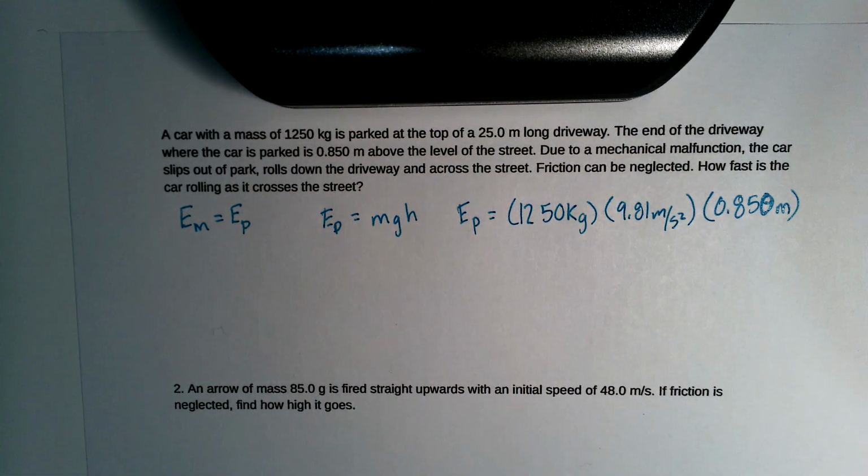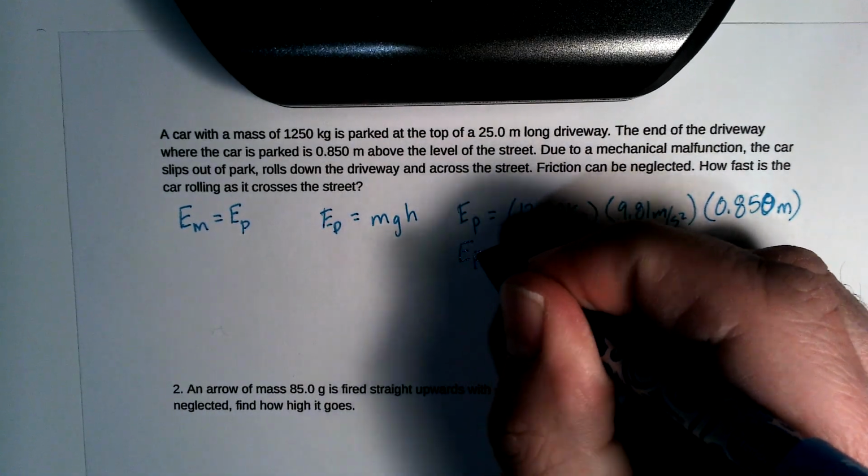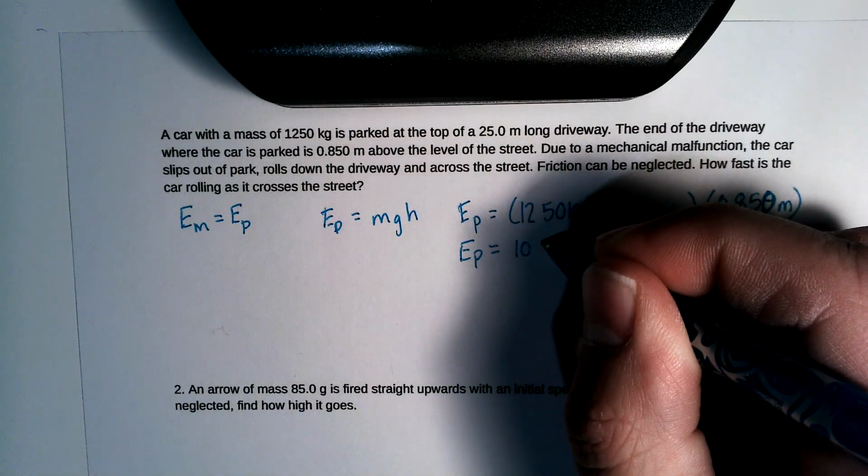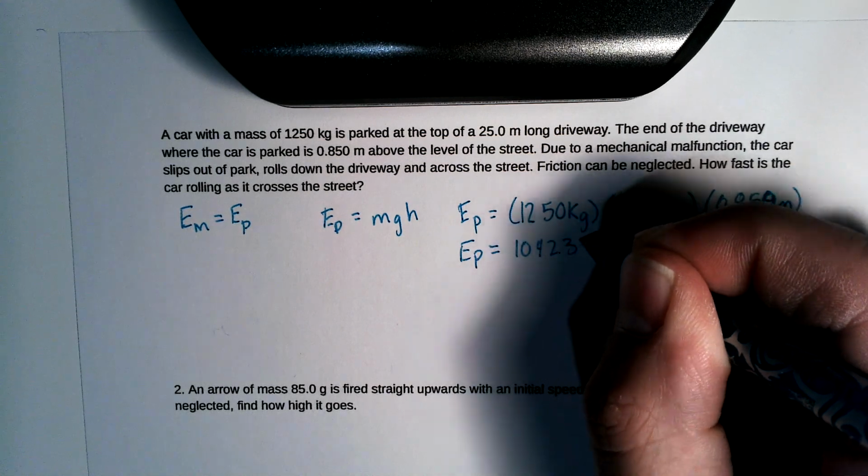The length of the driveway doesn't matter. We just want to know how high it is above our reference point, in this case, the street. So we can find our potential energy is equal to 10,423 joules.